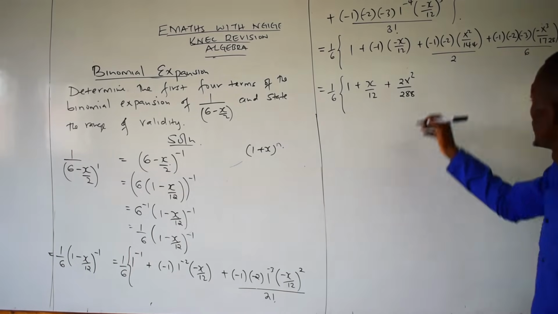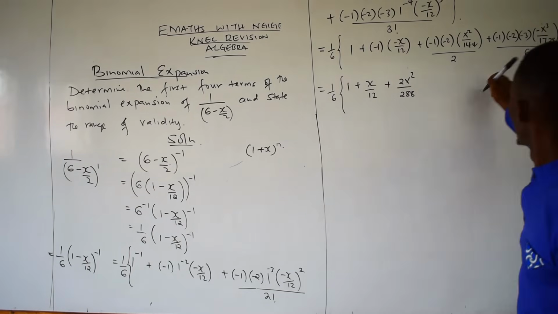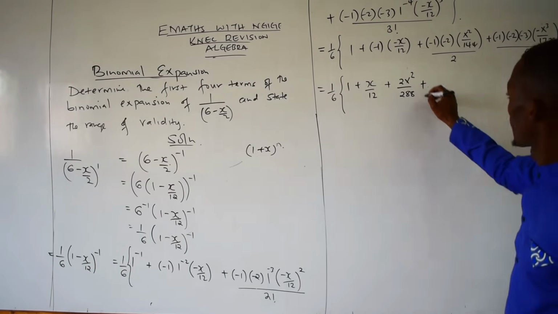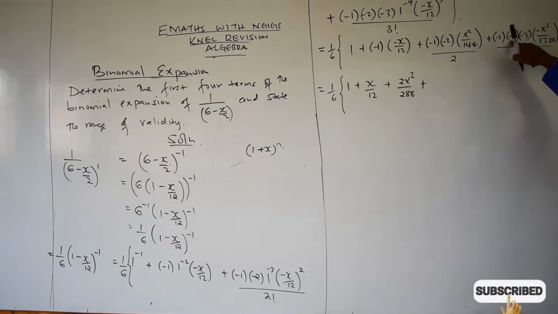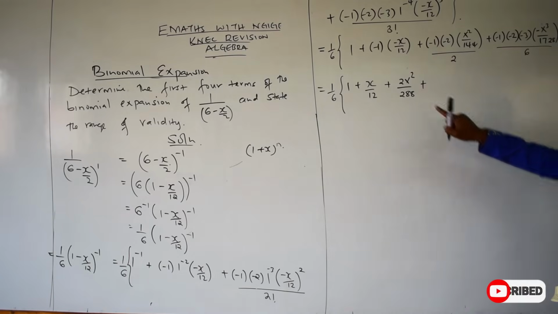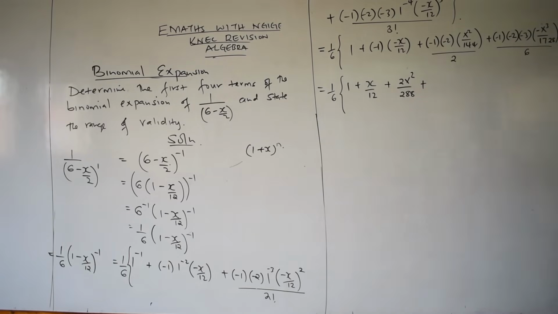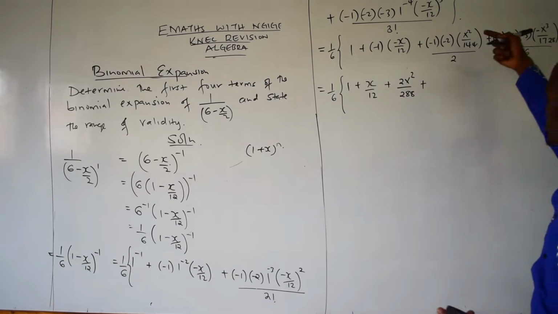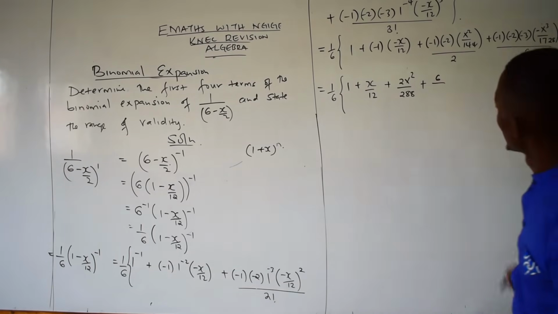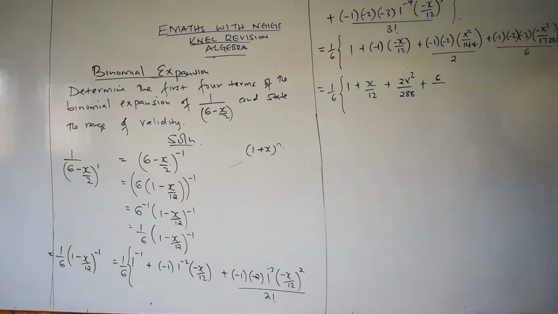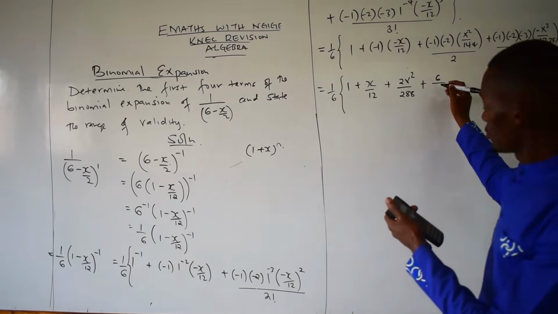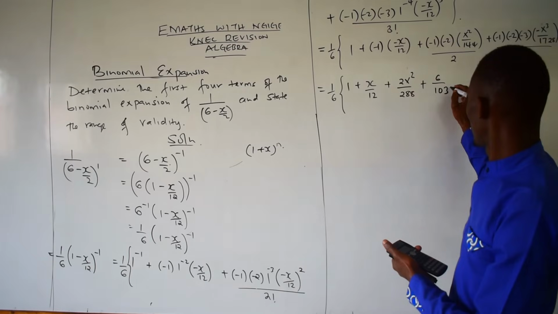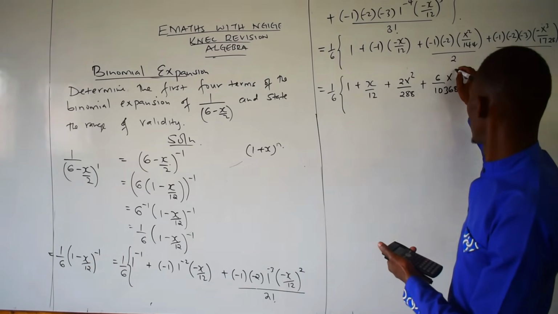Then you add, and this will be positive. Then multiply the numerators. So 2 times 3 times 1 times 1 gives you 6. Then all the numbers in the denominator, so 1728 you multiply by 6 gives you 10368, then x cubed.